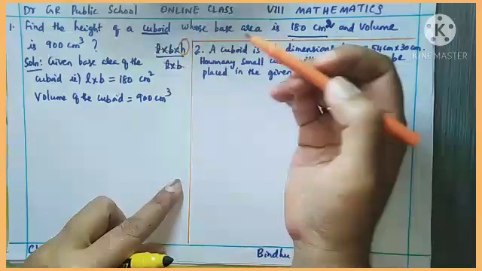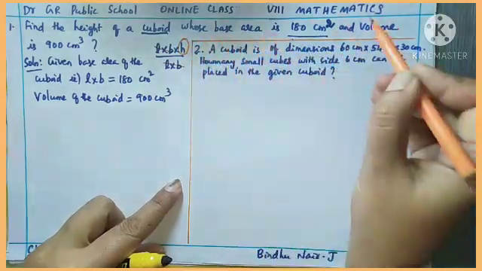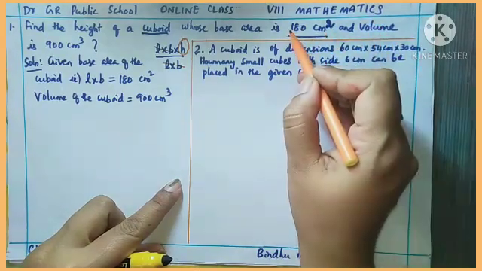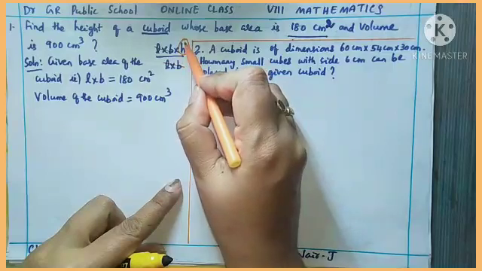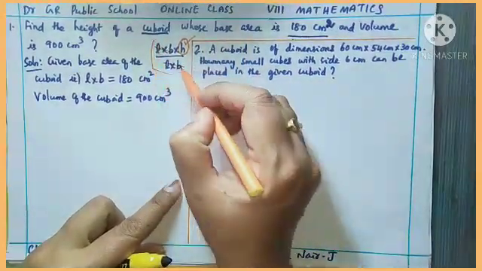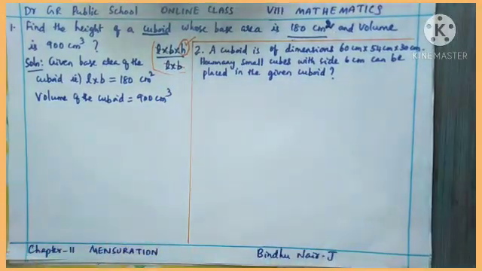Height. Okay, so the meaning is when you divide the volume of the cuboid by the base area, you will get the height of the cuboid. So this concept we are using in this problem.